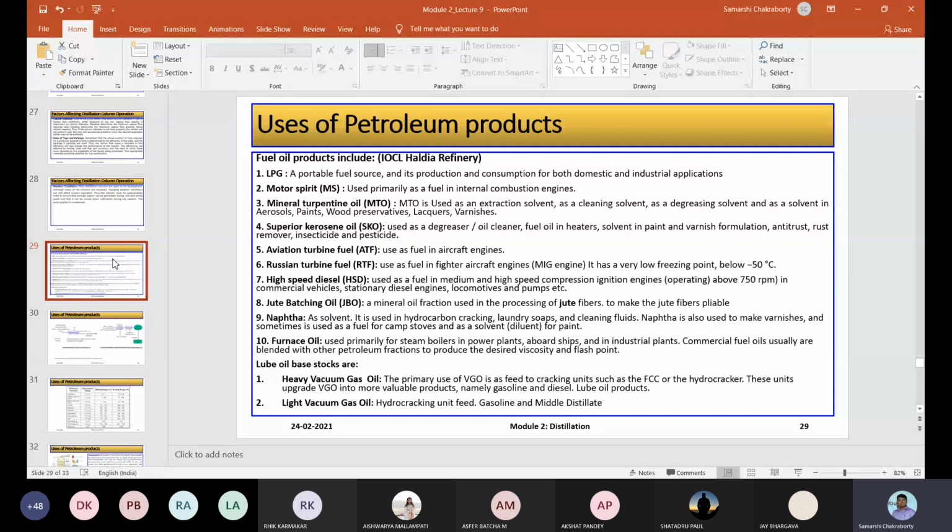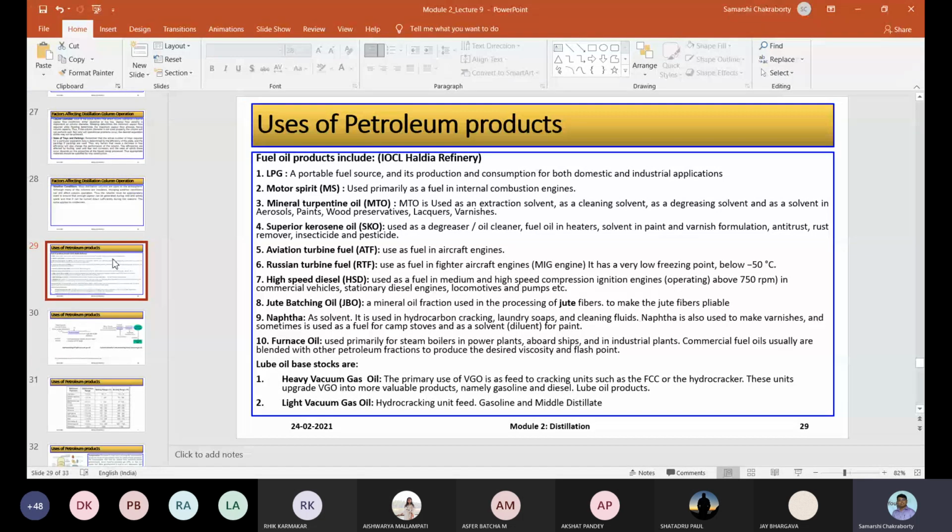Now coming to the last but not the least, use of the petroleum products. Since we are finally able to come up with the main products from distillation columns, all the main products you are already going to produce. But after this distillation column, since we want more and more light distillate like LPG or gasoline, or middle distillate like your diesel, you have to further process it in units like cracking and reforming units.